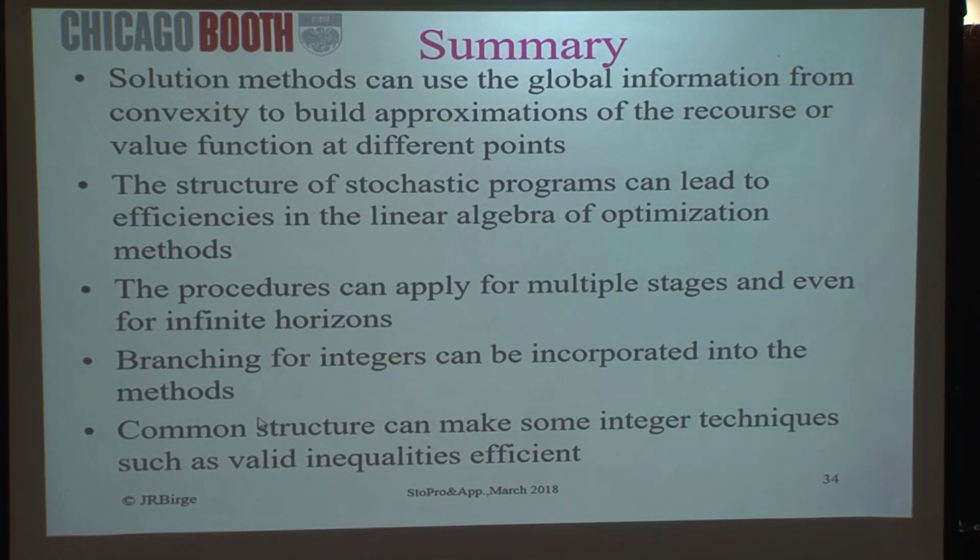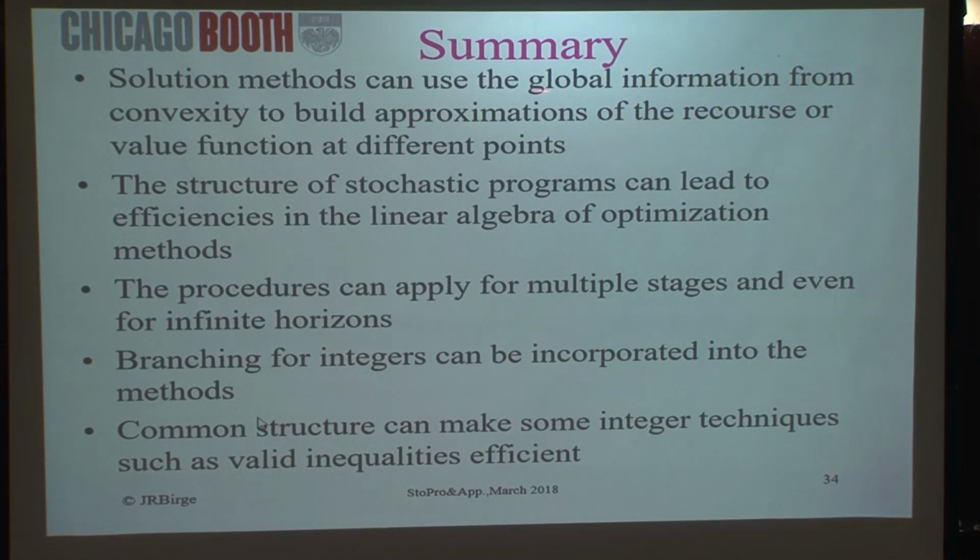When we have convexity, we want to use it as much as possible. All these methods are trying to use convexity in different ways. Building these approximations, the fact that I can put these linear constraints on, and I know they're always valid, that's all due to convexity.